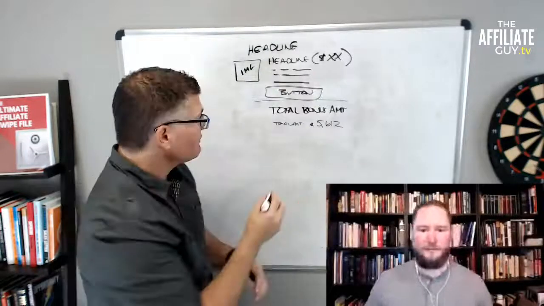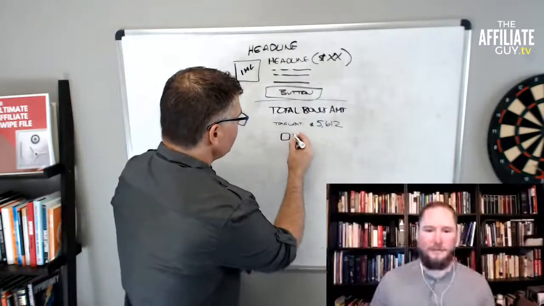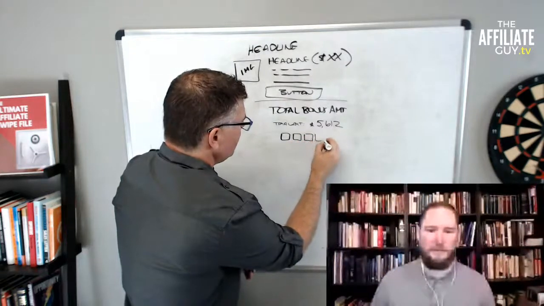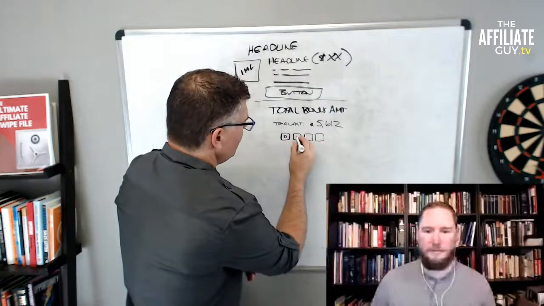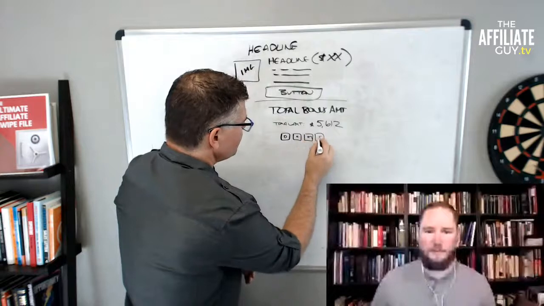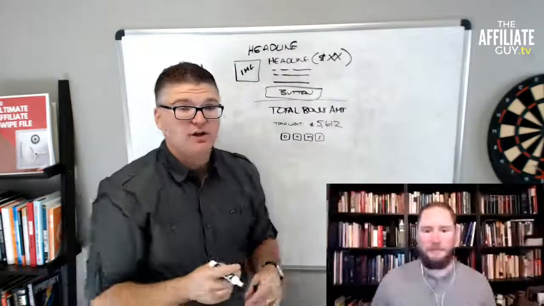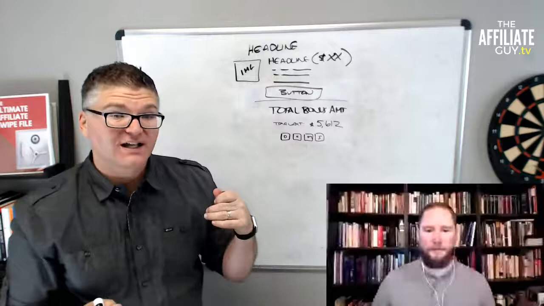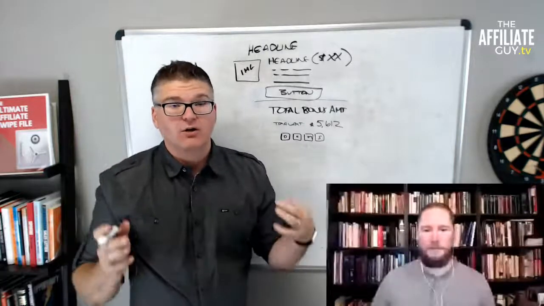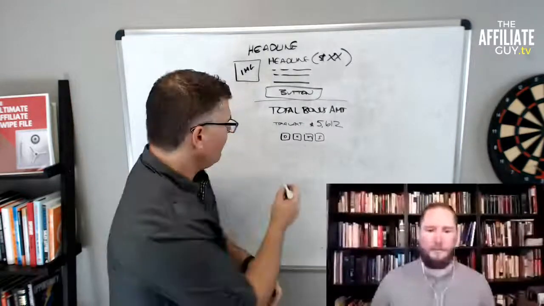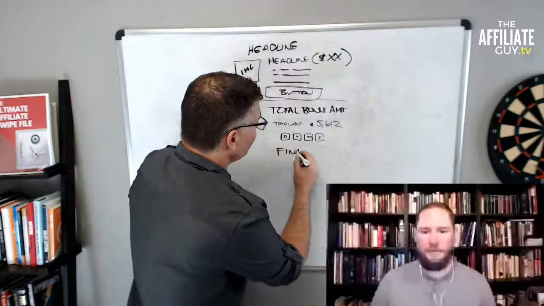We want a countdown timer. So a little countdown timer, if you haven't seen those, typically days, hours, minutes, and seconds. We'll have a countdown timer to when this offer expires, and then a final call to action, something along the lines of, what are you waiting for?